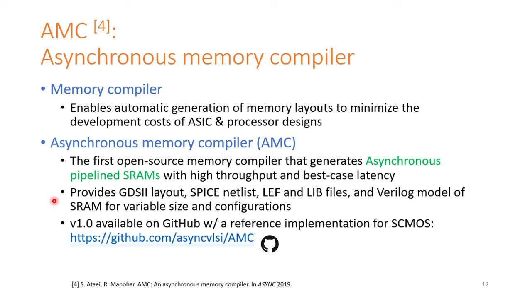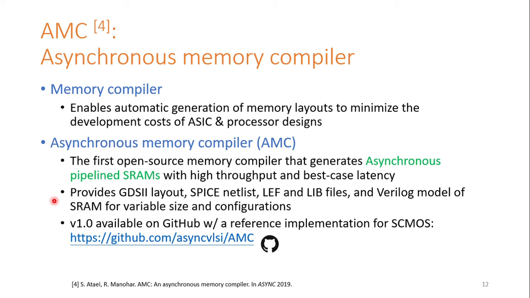Now let's go through the updates in AMC, Asynchronous Memory Compiler. We build a memory compiler because it enables automatic generation of memory layouts to minimize the development cost of ASIC and processor designs, thanks to memory's high regularity in its layout.